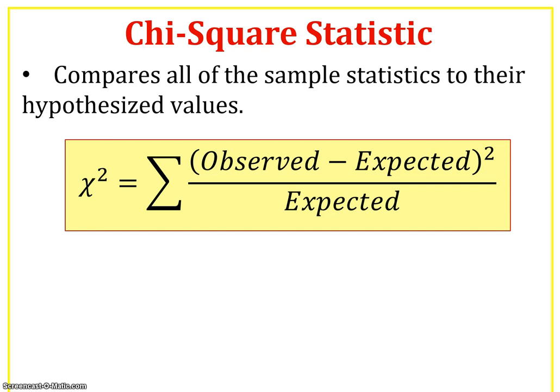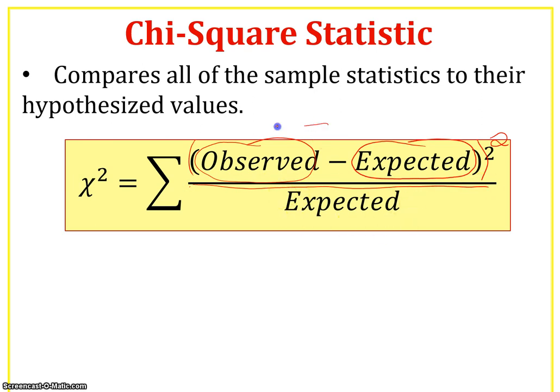Now this chi-square test statistic looks a little complicated. What we do is for each category, we take the observed number in that category and subtract the number we would expect to see if the null hypothesis is true. Then we square that quantity and we divide it by how many we would have expected to see.